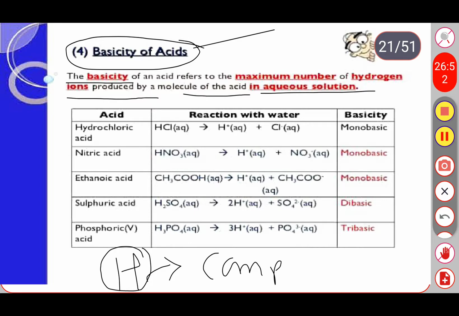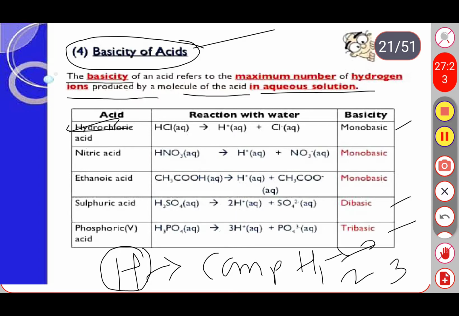We classify the basicity of acids based on the number of hydrogen atoms present in the compound. If a compound has one hydrogen atom, we call it a monobasic acid. Two hydrogen atoms, dibasic acid. Three hydrogen atoms, tribasic acid. See some examples here. The first one is hydrochloric acid.